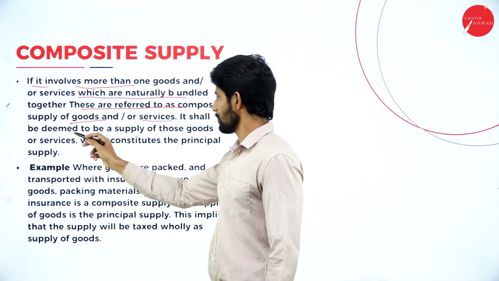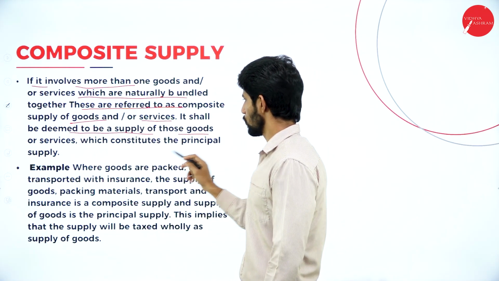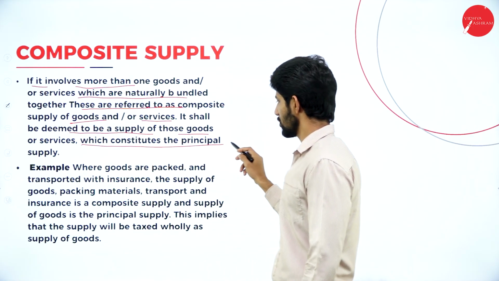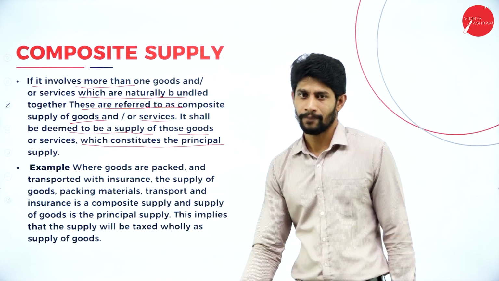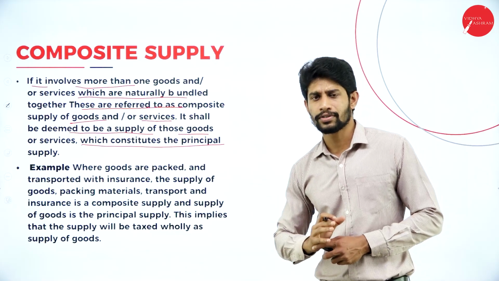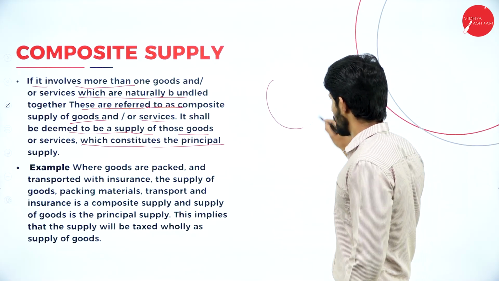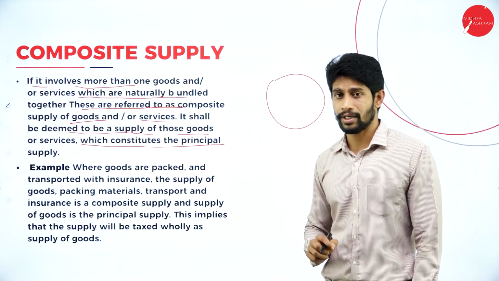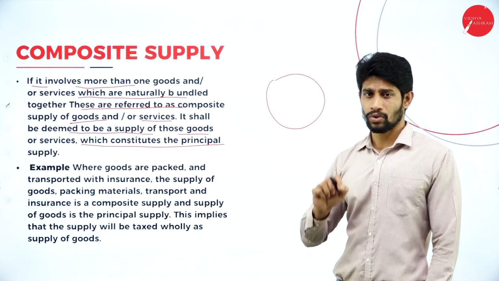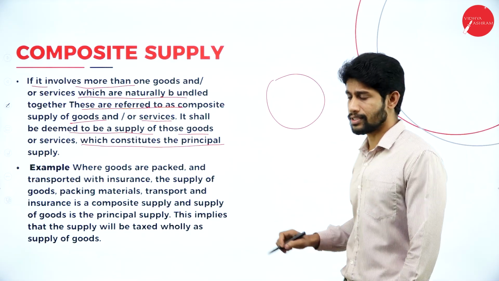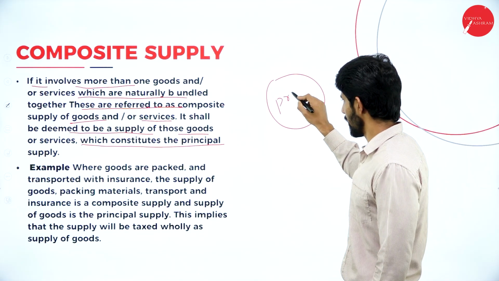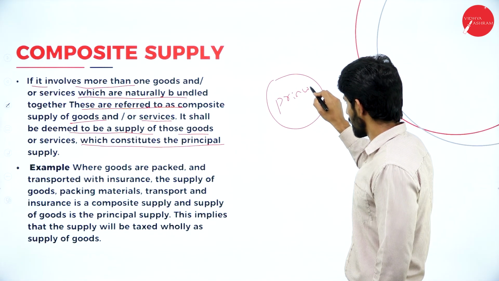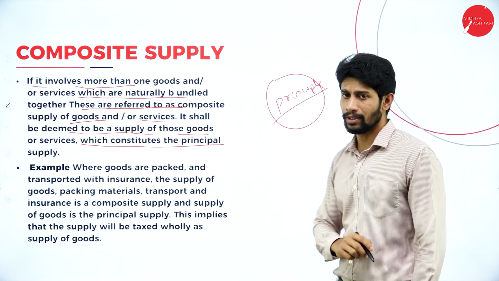It shall be deemed to be a supply of the good or service which constitutes the principal supply. That means a few goods or services are naturally bundled, where a particular product will be considered the principal supply.